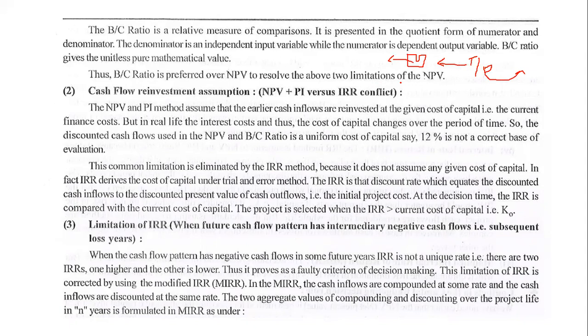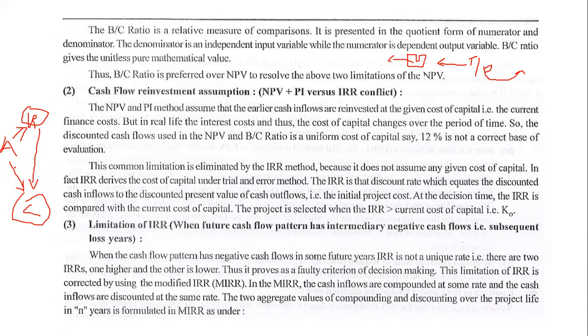Secondly, cash flow reinvestment assumption means NPV plus PI versus IRR conflict. Means when you consider, let's start with one company which is A, and it can take two projects B and C. When you get the profit from B, you can invest the profit in C, and at that time you are not investing your own amount.